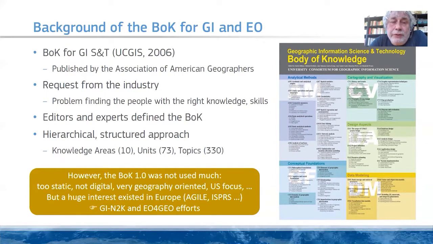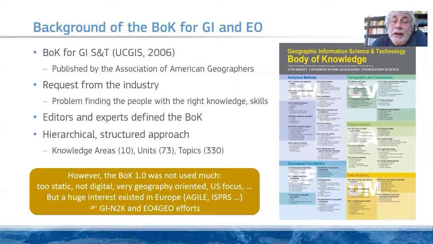You can see it to the right. It was in fact developed based on a request from industry that found many problems in finding the right people for job positions that had the right knowledge and skills, especially the skills related to new technological developments.